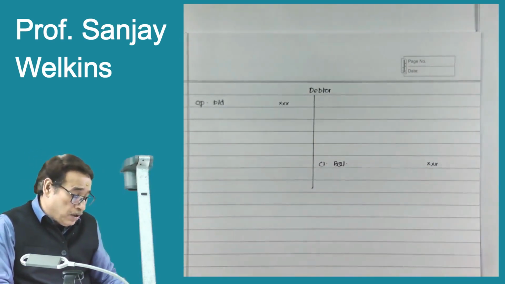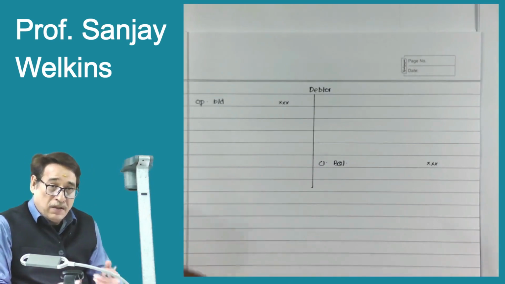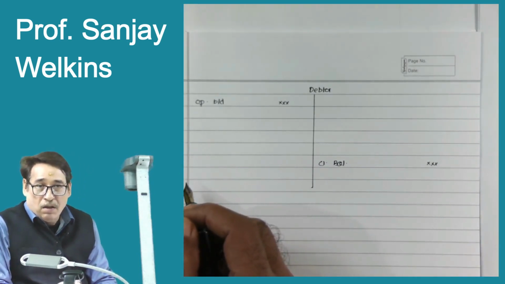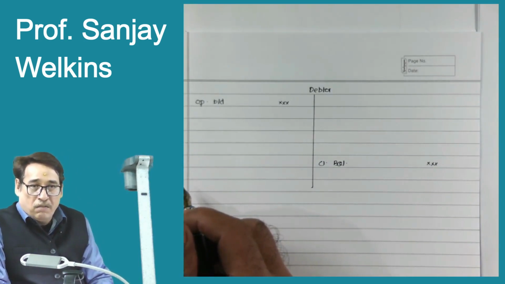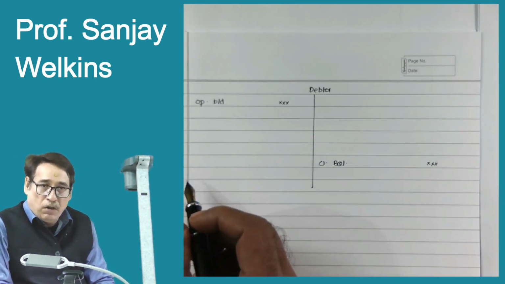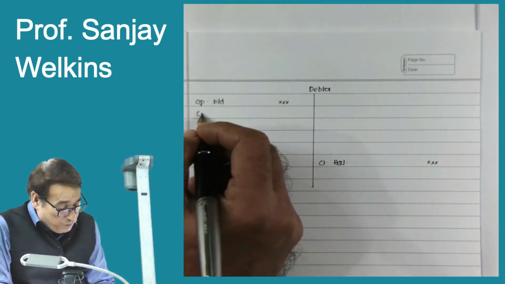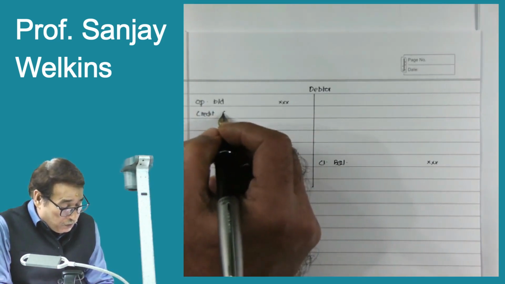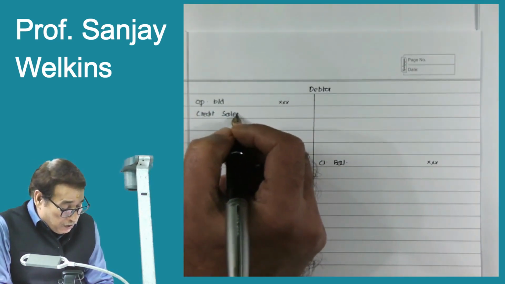Now suppose in the current year, a branch has done some credit sales. So it will increase the debtors or decrease the debtors? Quite obviously, when the branch has done some credit sales, it will increase the amount of the debtors, and that is the reason credit sales will be written towards the debit side of the debtors account.